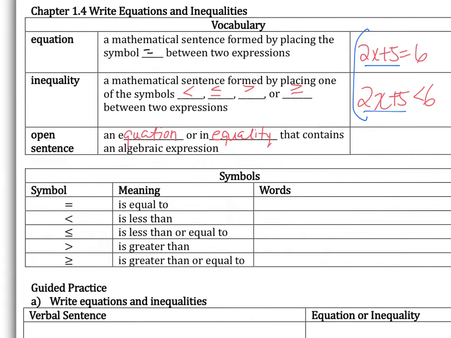Symbols: equal means is equal to or the same as. Is less than means fewer than. Is less than or equal to can also mean at most or no more than.